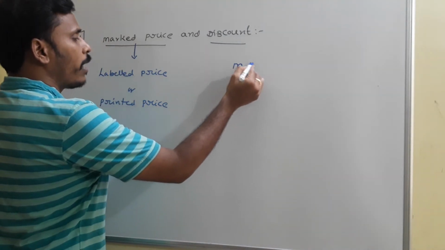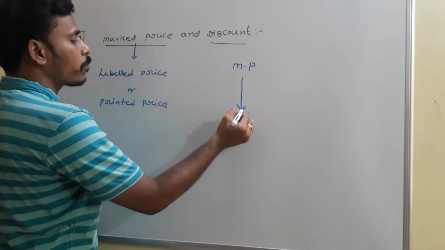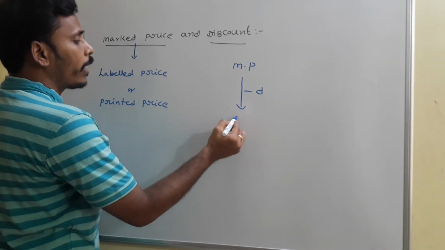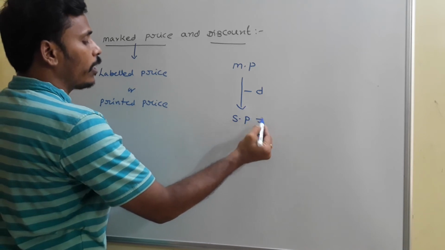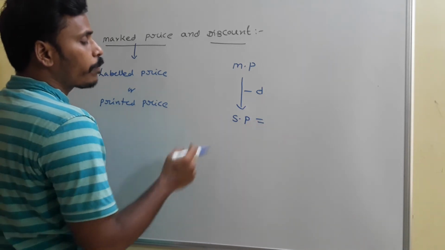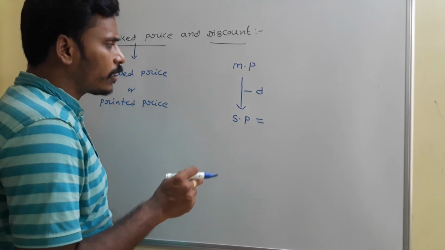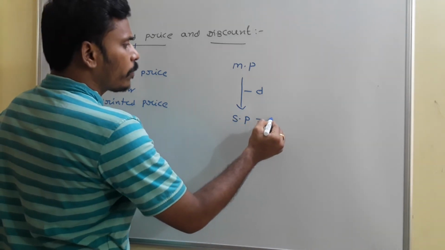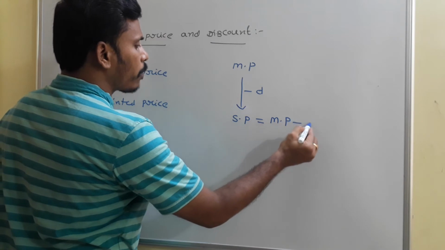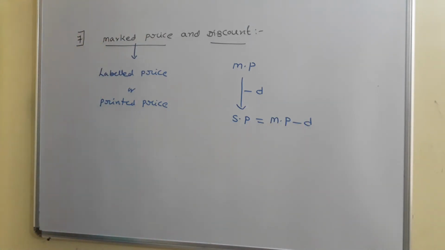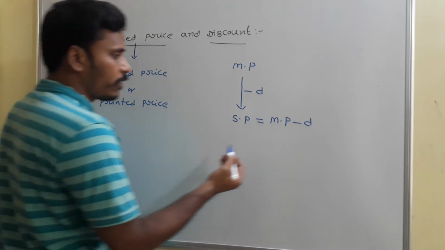If there is a market price and on this market price we get some discount, and after that we reach the selling price. What is the selling price actually for that person? The selling price is equal to market price minus discount.